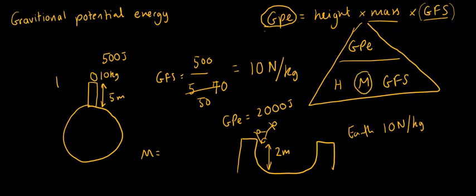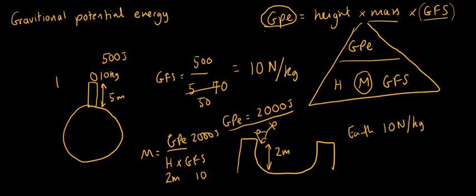So I cover up mass, and I'm left with, so if you can pause the video and calculate this. Okay, so hopefully you've done that. That's GPE divided by height times gravitational field strength. Plugging in my numbers, 2000 is my gravitational potential energy in joules. Height is 2 meters, and gravitational field strength is 10.